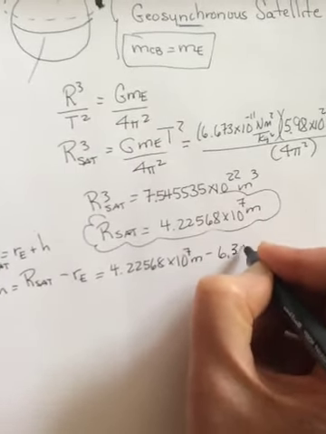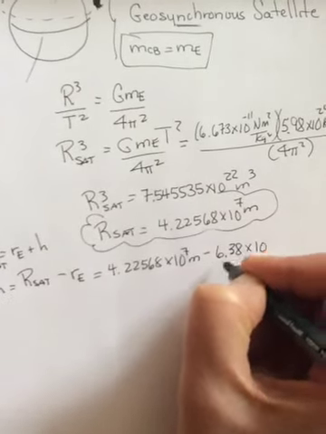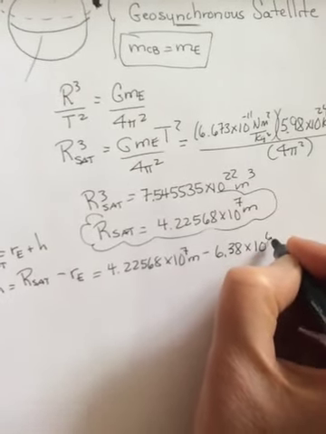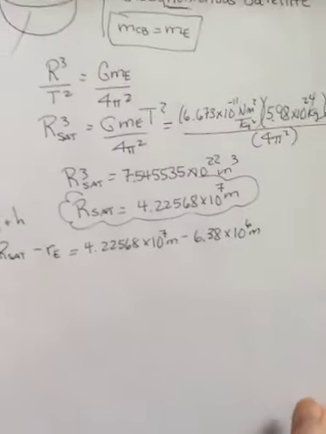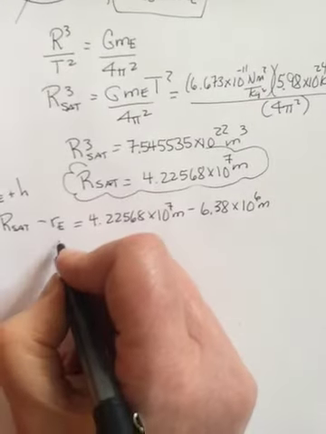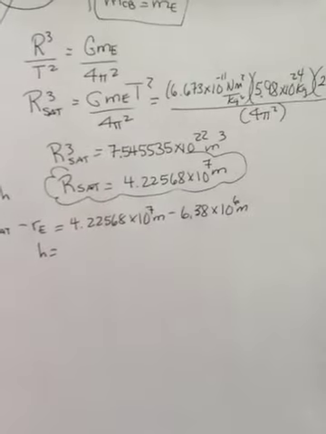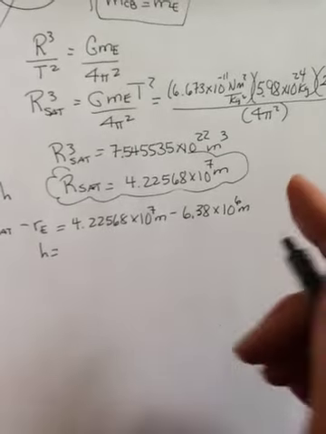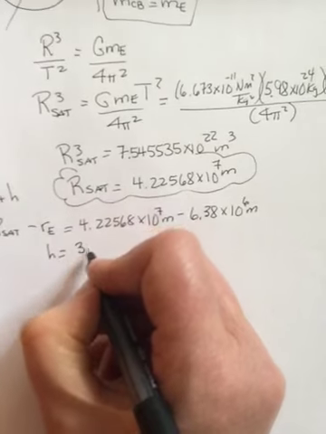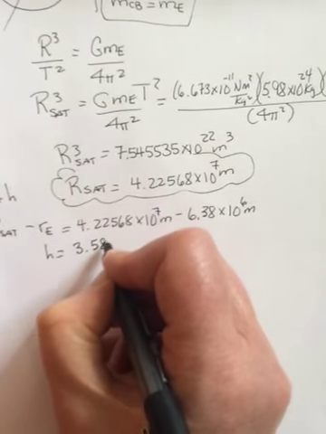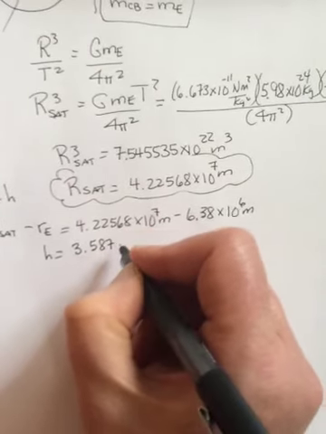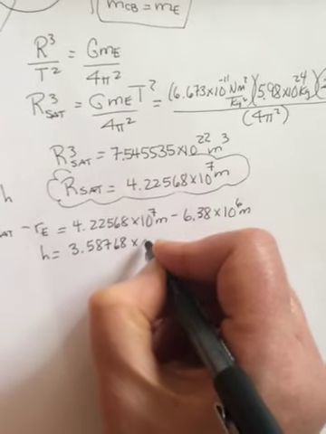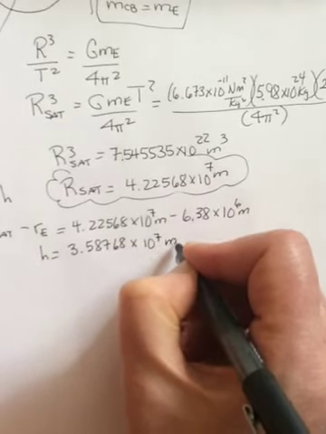You can look it up if you don't have it in your head already: 6.38 times 10 to the 6th meters. It's on page 955 in your textbook if you're looking it up. And when you do this, minus 6.38 times 10 to the 6th, you get 3.58768 times 10 to the 7th meters.